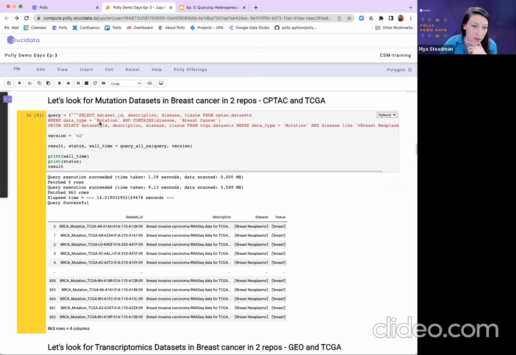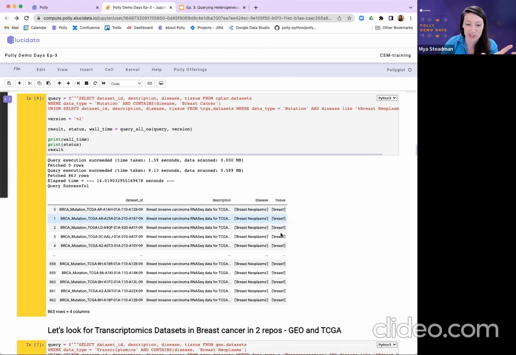And if you looked at the query here, you'll see in this first one, I'm going from CPTAC data sets, and I'm looking for the dataset ID, description, and disease, and it's got to be breast cancer and its mutation data type. And almost the exact same syntax with just maybe a few changes are used for searching for TCGA data sets. So right away, really easy, can look for both at the same time.